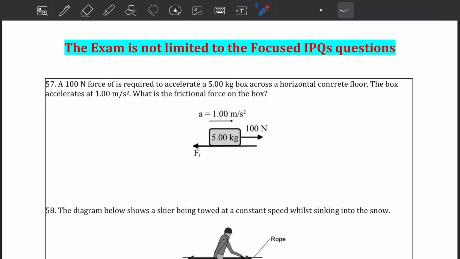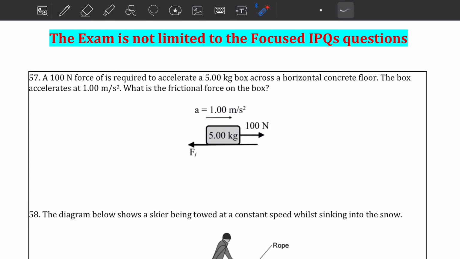Next, we have got a diagram here. 100 Newton force is required to accelerate a 5 kg box across a horizontal concrete floor. The box accelerates at 1 meter per second square. What is the frictional force on the box? So we are going to start with F net equals ma. There are two forces acting on the object, one to the right, one to the left.